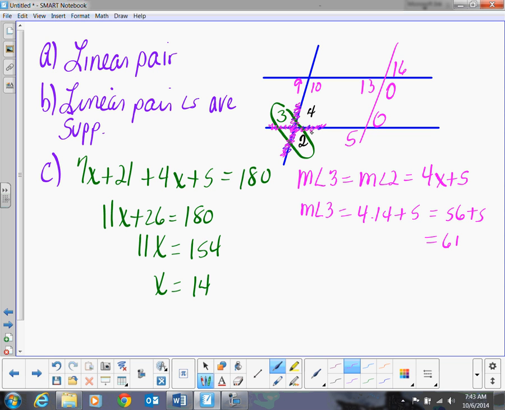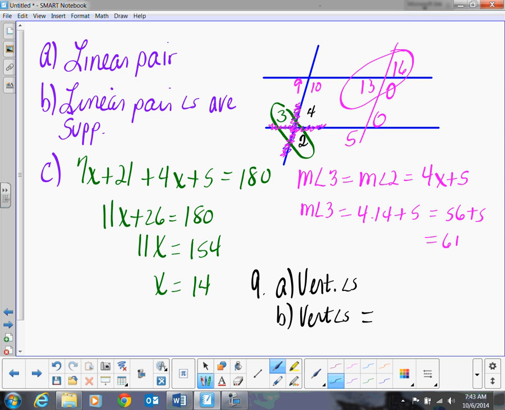Other questions? Yes. Okay, 9, we've got 13 and 16. What type of angles are those, Caitlin? They are vertical angles. All right, next. What do you know about vertical angles? Okay, vertical angles are congruent. Do not give me parallel.